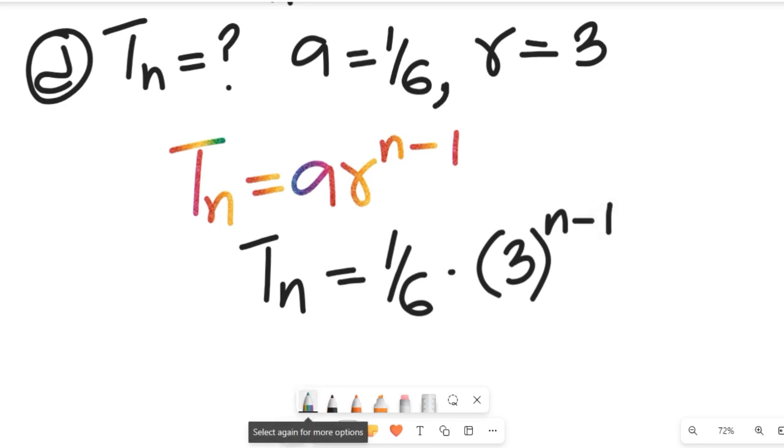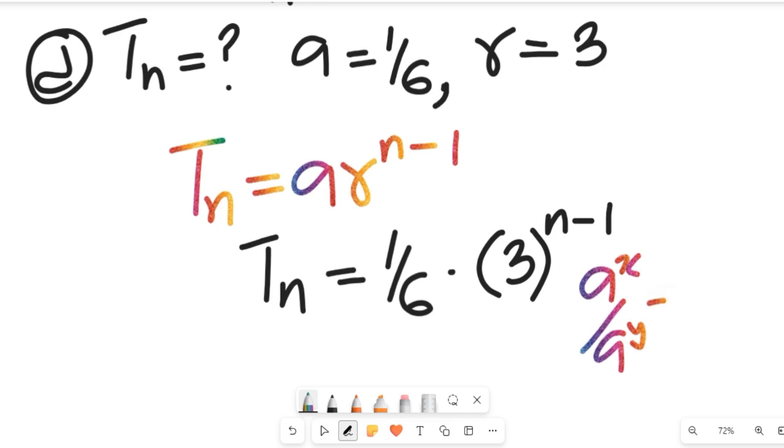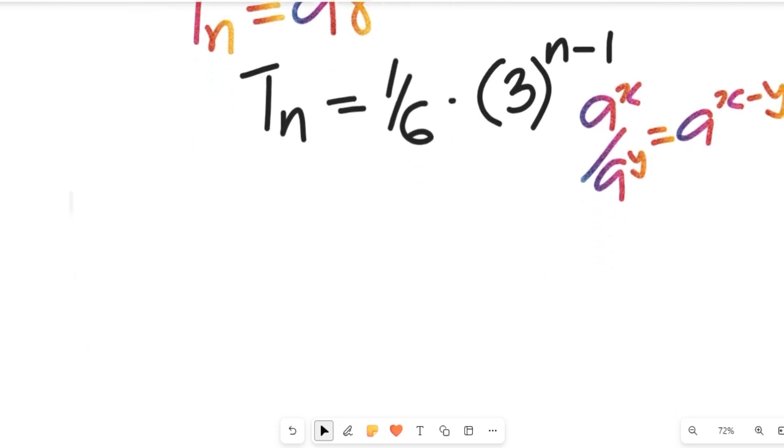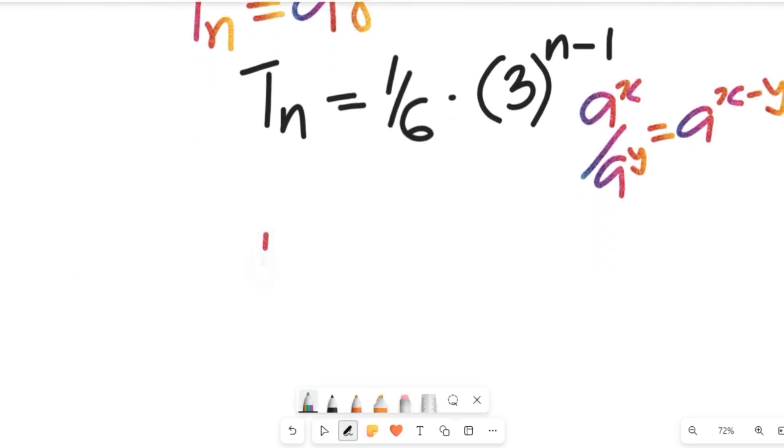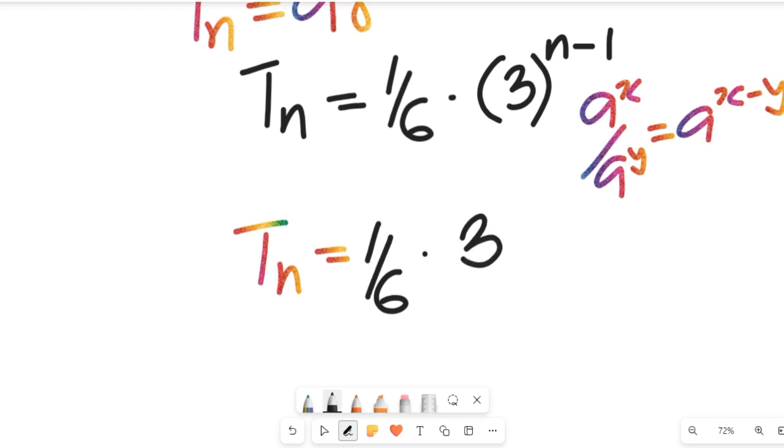Now remember that law of indices. From that law of indices, a to the power of x divided by a to the power of y can be equal to a to the power of x minus y, right? So if we apply it here, you come to see that that expression Tn will now be equal to 1 divided by 6 multiplied by 3 to the power of n, divided by 3 to the power of 1, because this is division.